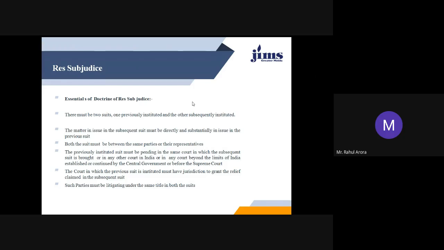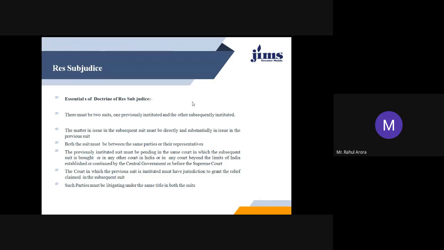The matter in issue in the subsequent suit must be directly and substantially in issue in the previous suit. Both the suits must be between the same parties or their representatives. The previously instituted suit must be pending in the same court in which the subsequent suit is brought, or in any other court in India, or in any court beyond the limits of India, established or continued by the central government or before the Supreme Court.